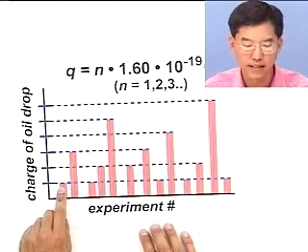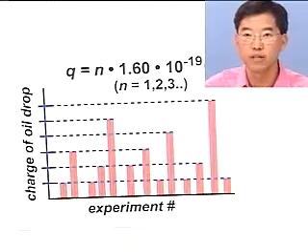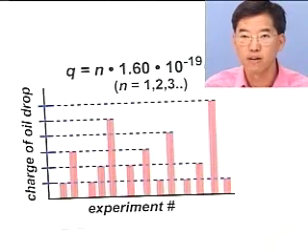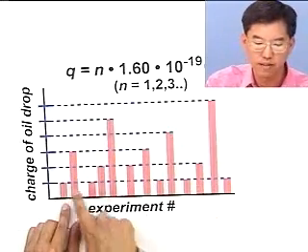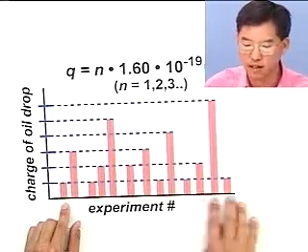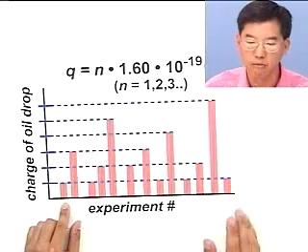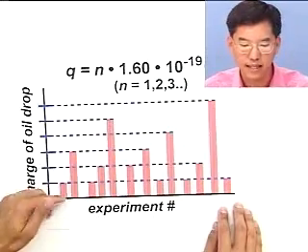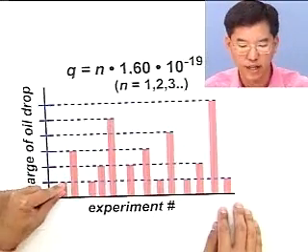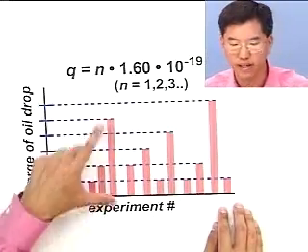And it turns out that there isn't a continuum. In other words, the Q can't take any value whatsoever. It only takes certain quantized sizes of charge, and those are given by this picture. So this is just, say, the first 10 or 20 experiments. And what we find is that the charge on a drop occurs not in some continuum, but this big, or this big, or this big, or this big, or this big.